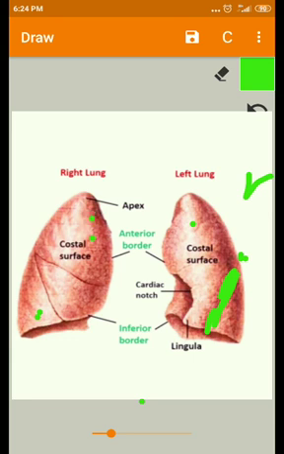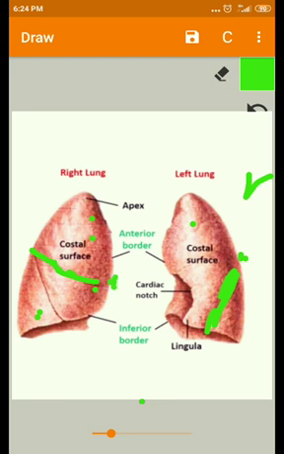Where does this third lobe come from? Yes, in the right lung the horizontal fissure is present. The second fissure is present in the right lung. This fissure passes from the anterior border up to the oblique fissure.